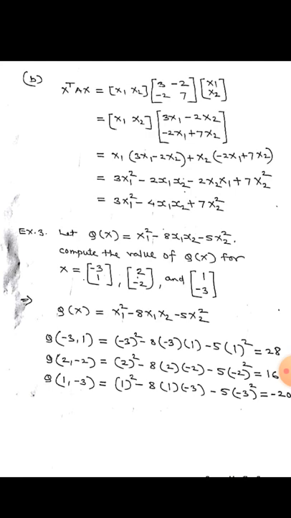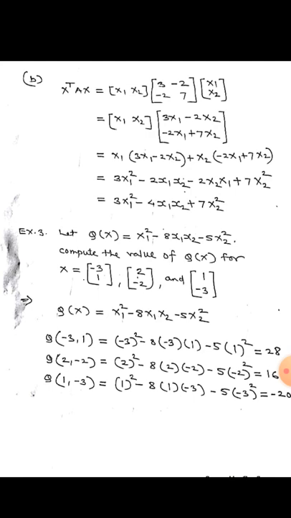For the first vector, x is x1 x2, so x1 is minus 3 and x2 is 1. Substituting, minus 3 square minus 8 times minus 3 times 1, minus 5 times 1 square. If we simplify, the result is 28.